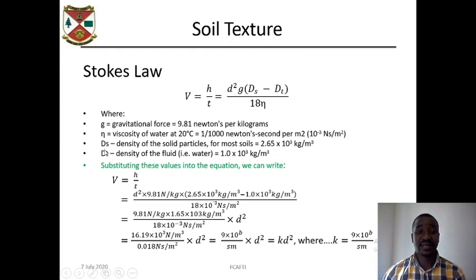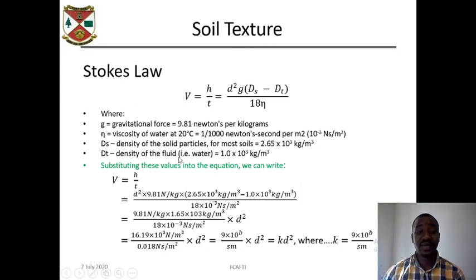Ds indicates the density of the solid particles, and most soils are made up of quartz, and the density of quartz particles is 2.65 times 10 to the power 3, or 2650. And Dt is the density of the fluid, water, and the density of water is 1000 kilograms per cubic meter.